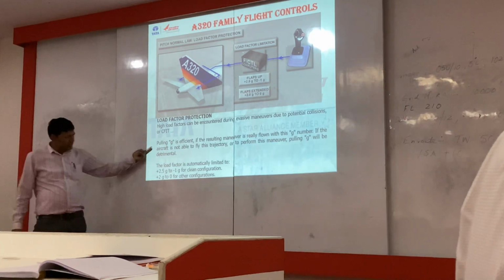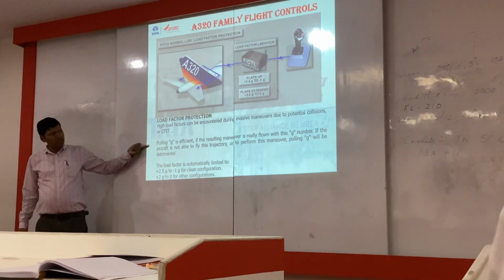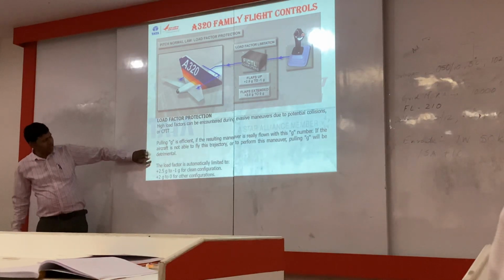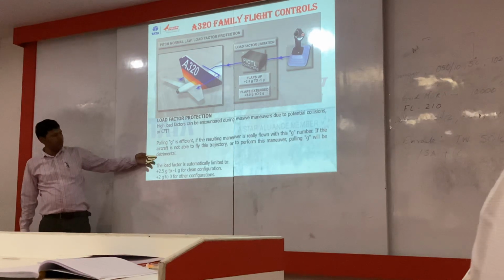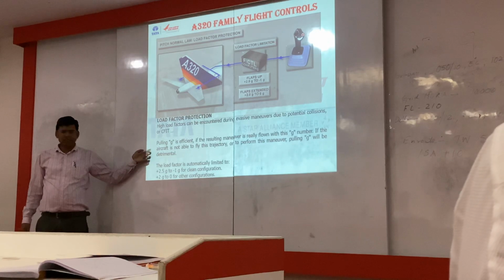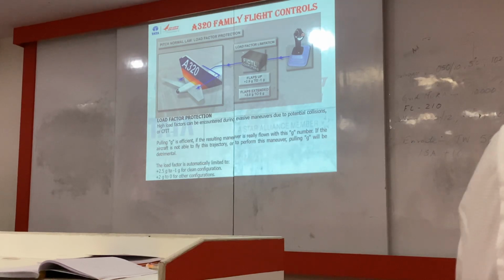Pulling G is efficient if the resulting maneuver is really flown with this G number. If the aircraft is not able to fly this trajectory or perform this maneuver, pulling G will be detrimental. Wherever terrain or other obstacles are there, different procedures apply, such as an engine-out SID.